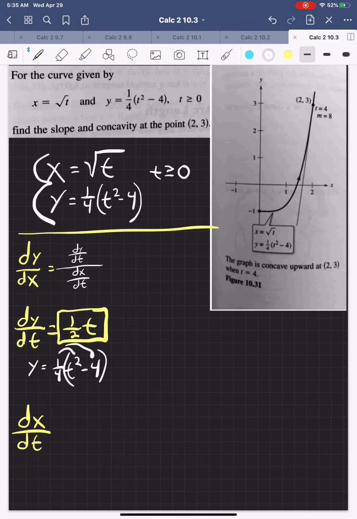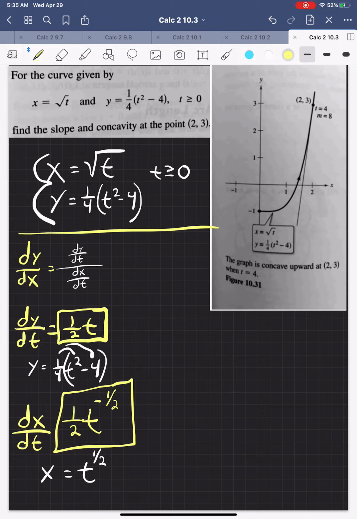All right, now for dx/dt, just like you've practiced numerous times, it's better to go ahead and write the square root of t as t to the power of 1/2. And then it's easy to find dx/dt from there. And what would you get? Well, you would get 1/2 t to the power of -1/2.